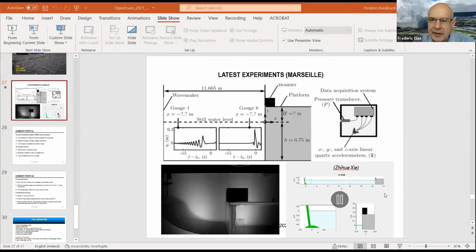This is ongoing work, and yesterday I had an email with Professor Shi from Cardiff. I just showed it here to say that we are doing it, but we are definitely mimicking these experiments with the numerical code of Professor Shi. He has written a lot of papers recently. If you Google his name, you can find some of his papers to have more information about the method that he uses. Great.